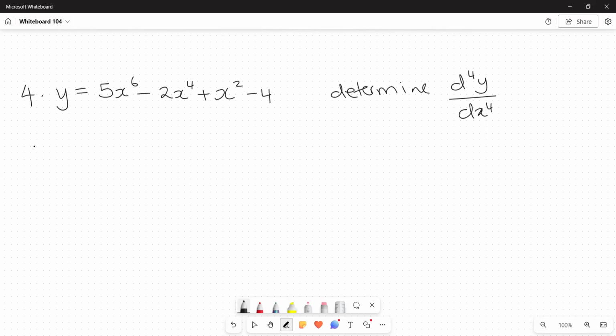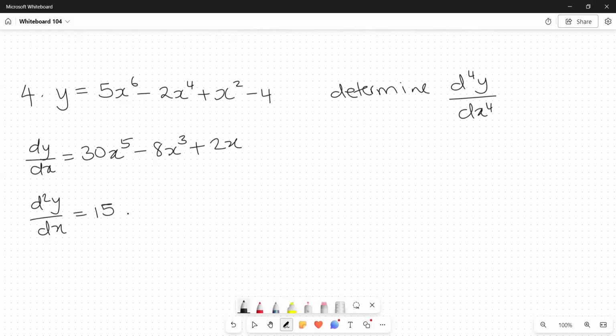Okay, so we find dy dx. This is 30x to the power of 5 minus 8x cubed plus 2x. Then the second derivative, 150 x to the power of 4 minus 24 x squared plus 2.